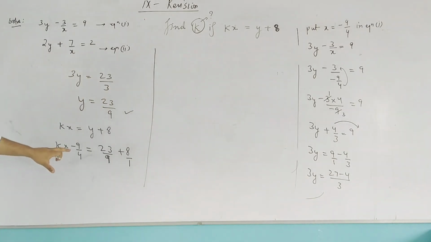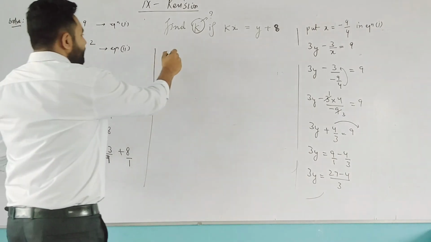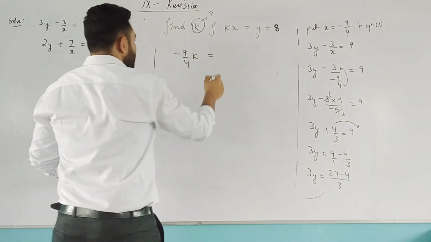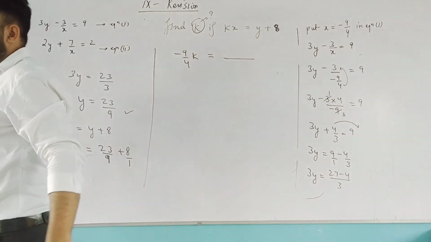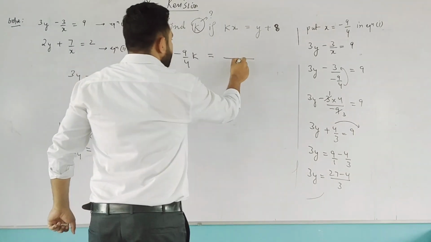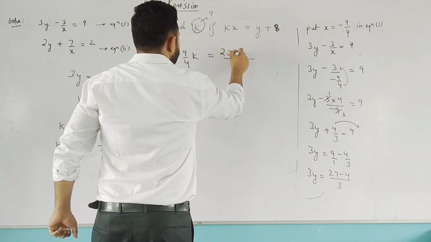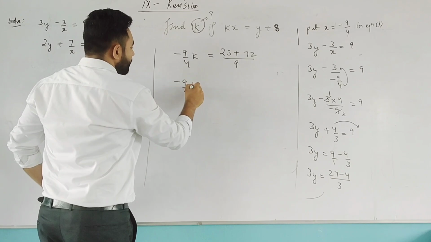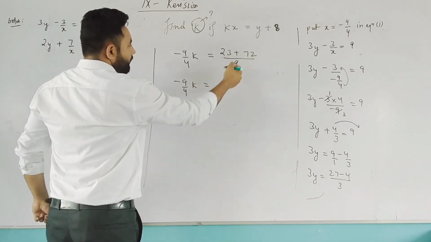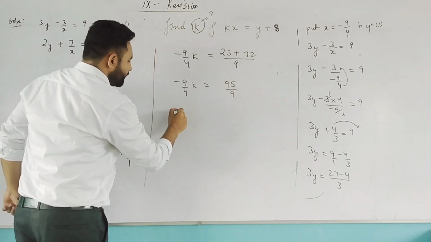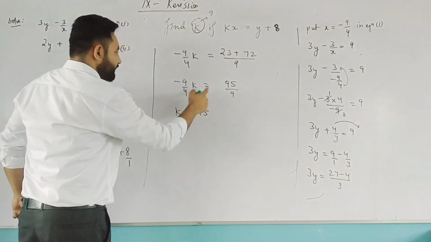Now this equation becomes minus 9 by 4 k equals, we'll take the LCM of 9 and 1, which is 9. After that, we'll write it equal to 23 plus 72 divided by 9. So 23 plus 72 becomes 95.